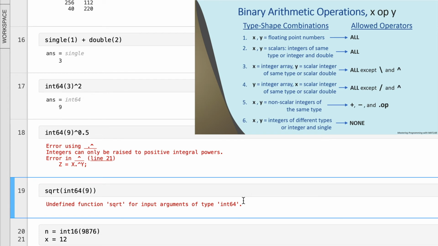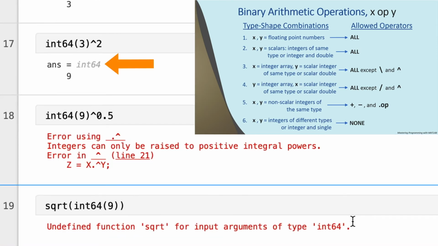The type that MATLAB chooses for the result of these power operations is int64, as you can see up here, when we didn't use a fractional power. So MATLAB has to give a whole number as an answer, which fractional powers very often do not produce.